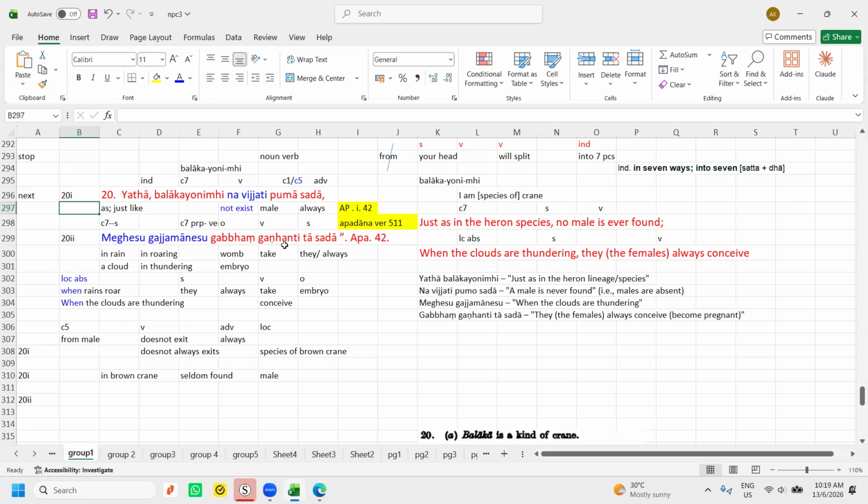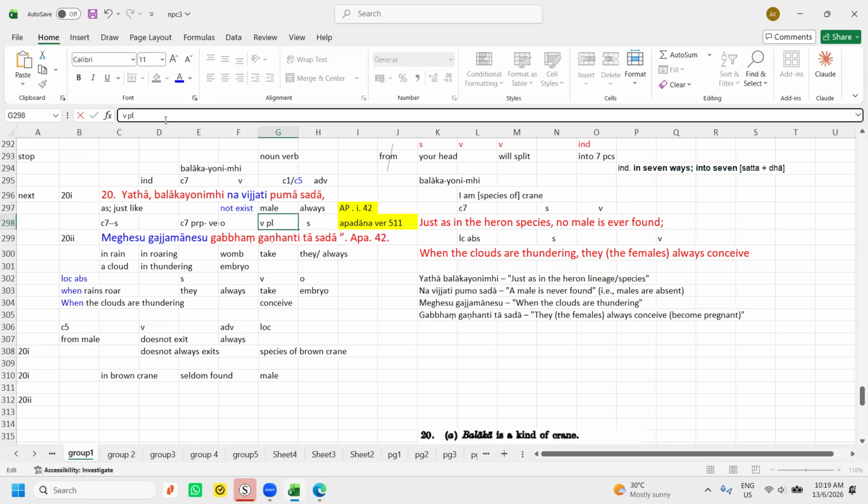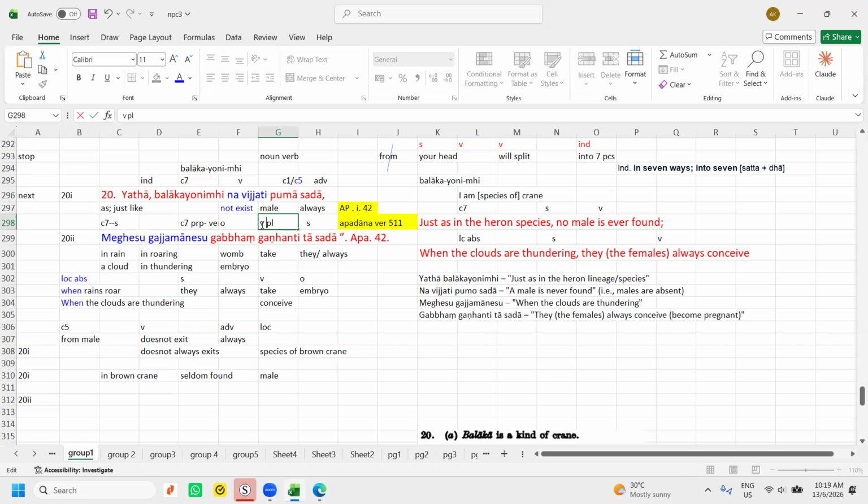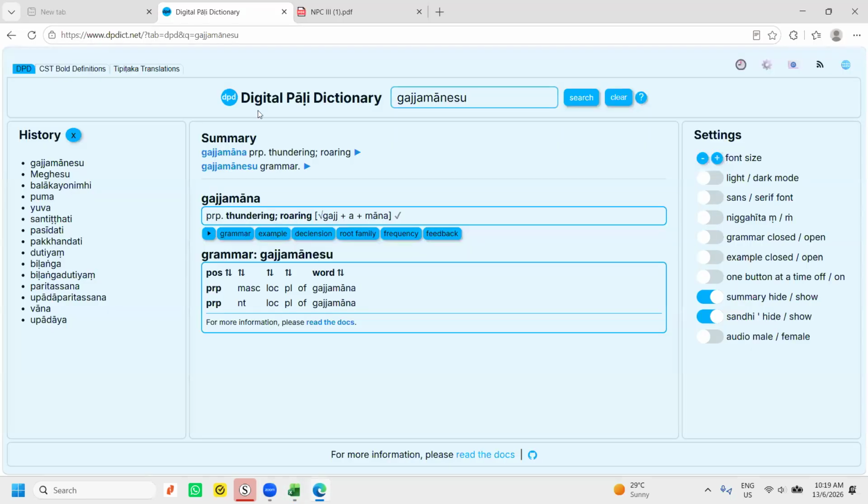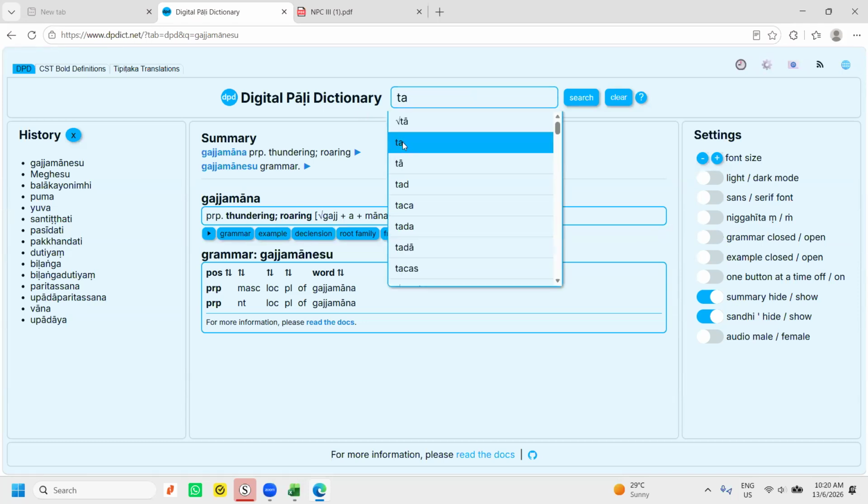If you look at this, it is a verb which is plural, third person plural. And you should know that this long a should agree with this. That means the word ta is already plural. Let's say you do a ta declension.